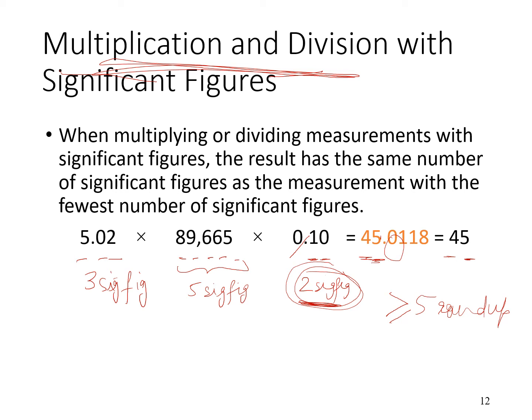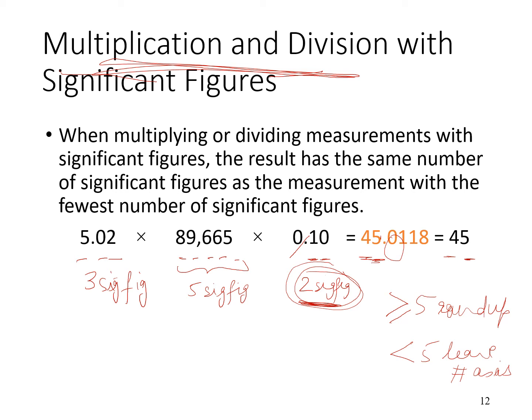If this number is less than 5, you leave the number as is. What does that mean? If this is 45.0, the answer is 45. The following number is 0, which is less than 5, so I leave the number as it is.